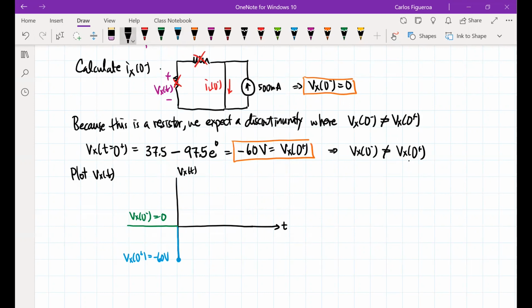And now what it's going to do is that we know the final steady state goes all the way up to here. So we know that Vx of infinity, which is its steady state, should be 37.5 volts. So this guy's going to come up and reach steady state like that.